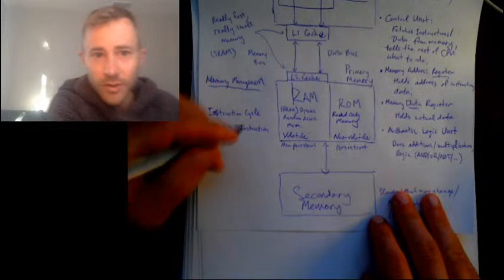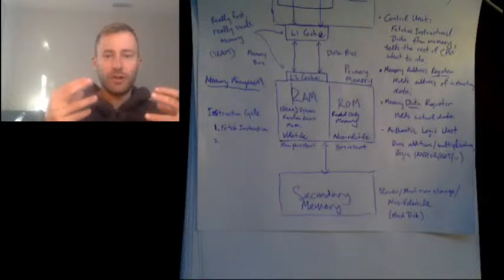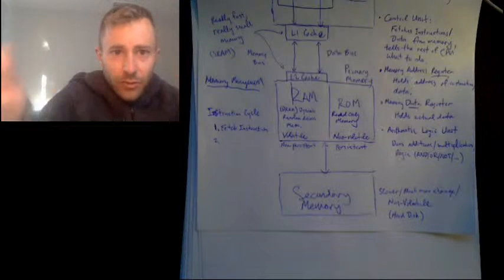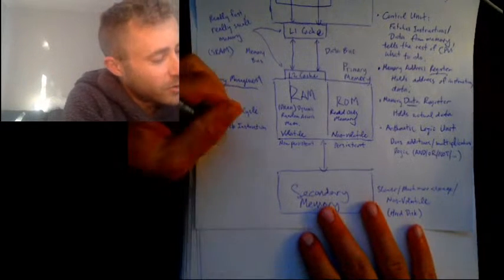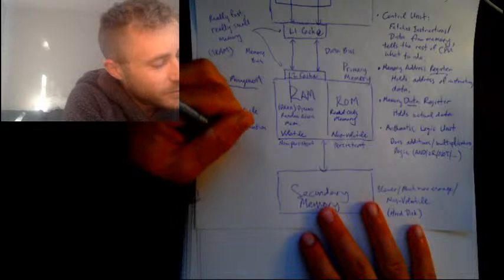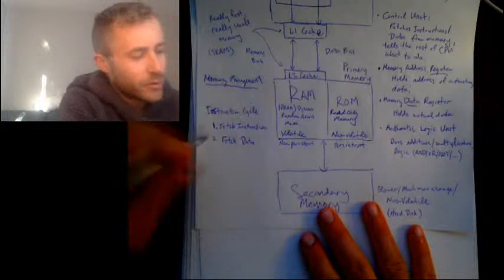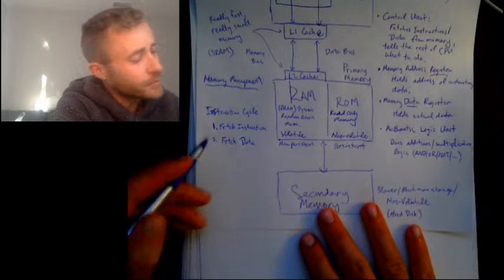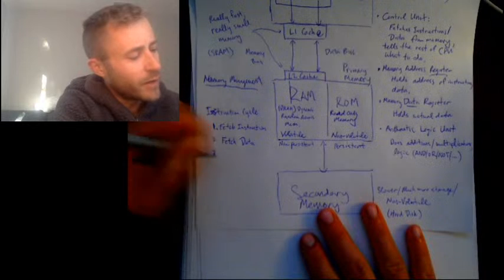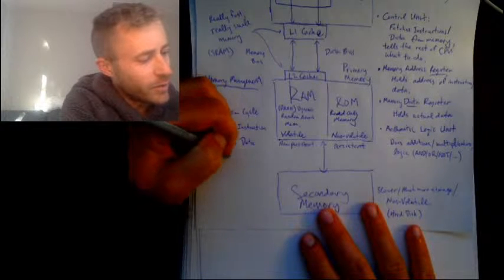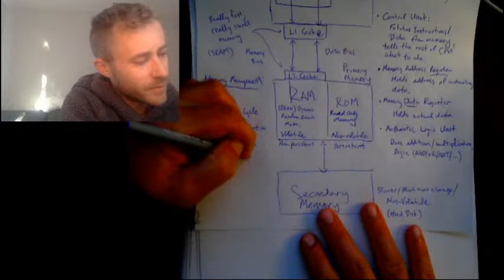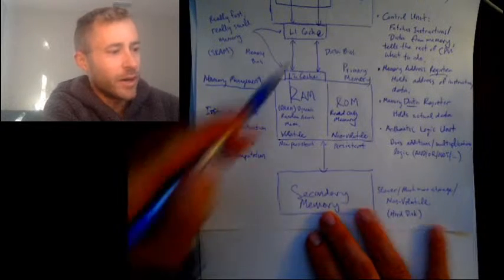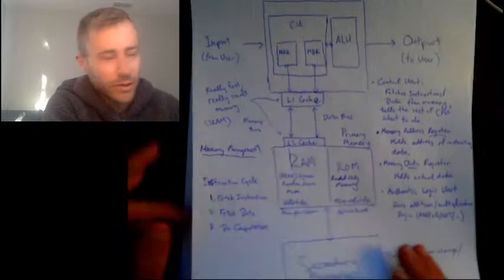Once the control unit gets that instruction, so maybe add 2 numbers, it then knows that it has to look for those 2 numbers. So then it fetches the data. Once it knows what the instruction is, it knows what information it has to get. And then it's going to do the computation. That's typically going to be handled by the ALU, the arithmetic logic unit.